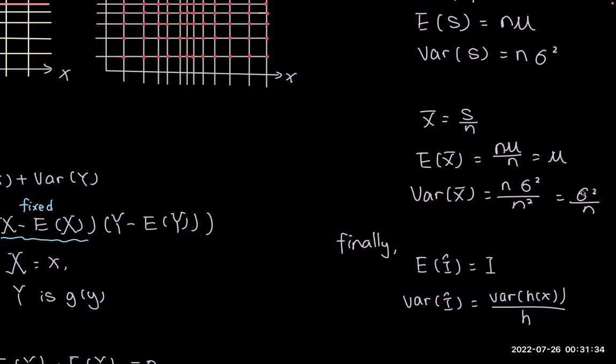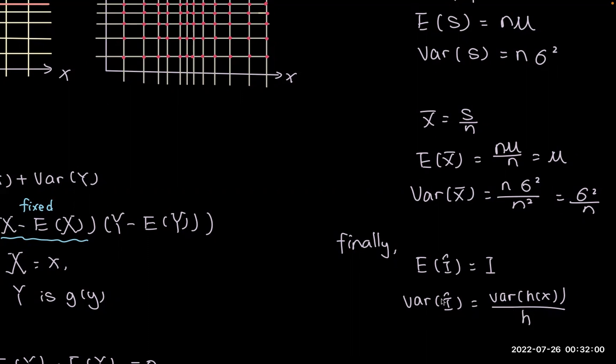And similar to this result, this sigma squared is the variance of each of the Xi, right? And now I hat is the average of h of Xi. So we only need to change sigma squared to the variance of h of X, where X is a single random variable. And then the variance of I hat is the variance of h of X divided by n. So this is n, not h, this n.